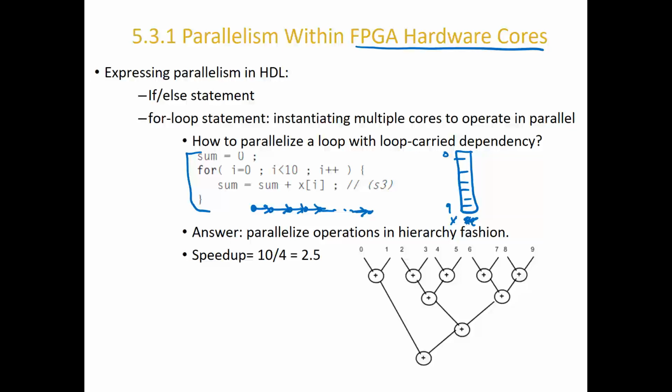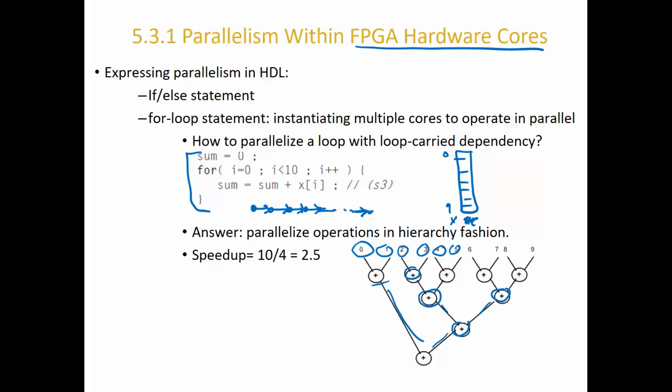Well, since we are adding 10 elements, I can add 2 elements with a hardware adder in parallel, another 2 elements with a hardware adder, and so on. Then with the results of these, I can have another adder, and then add these two, and then add those at the end.